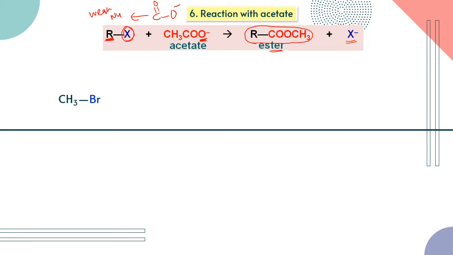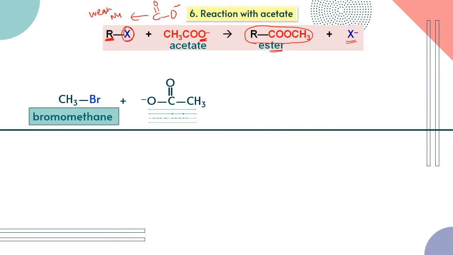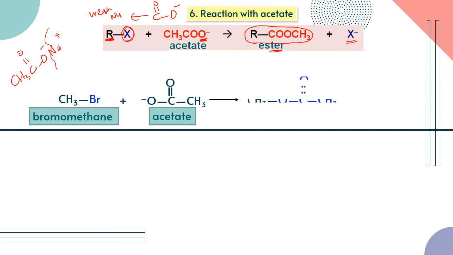For example, CH3Br, a bromomethane, reacts with an acetate ion over here. This acetate ion can come from CH3C double bond O, O minus Na plus, a salt. It dissociates, so you will get your acetate ion and sodium ion.